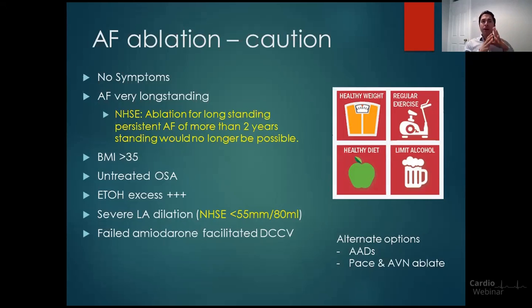But we just need to be mindful. As a general approach, we need to be cautious and really considered before we rush into catheter ablation in patients meeting these particular features. In this cohort, in addition to all the lifestyle interventions, you might be thinking of antiarrhythmic medications, and sometimes we resort to putting in a pacemaker and ablating the AV node instead.